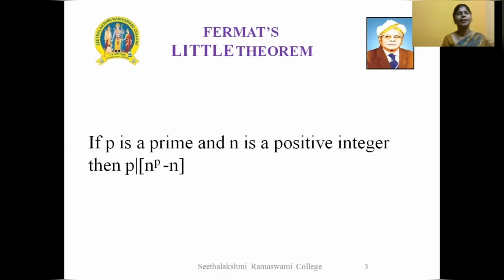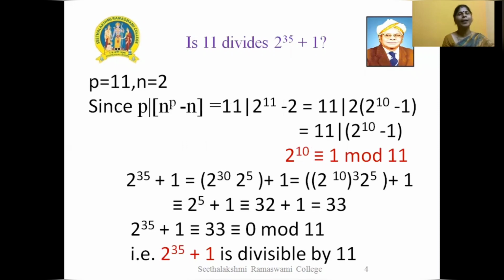Next, Fermat's little theorem. The statement is, if P is a prime and N is a positive integer, then P divides N power P minus N. The application of Fermat's little theorem is the following. Does 11 divide 2 power 35 plus 1?